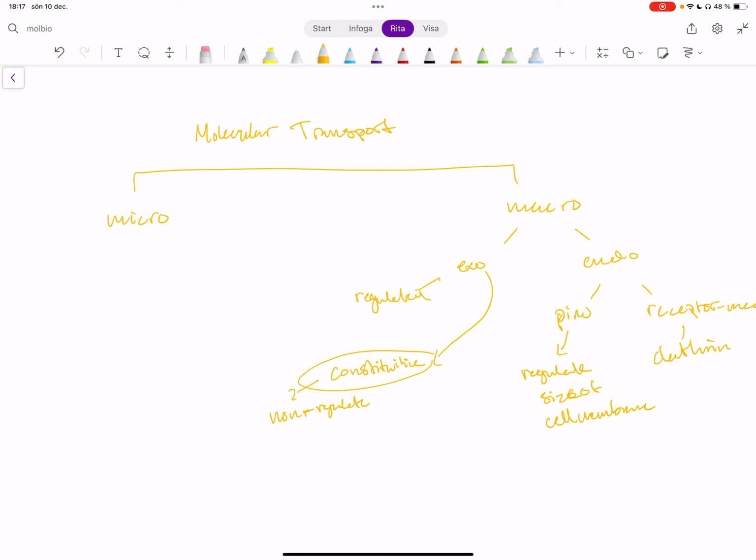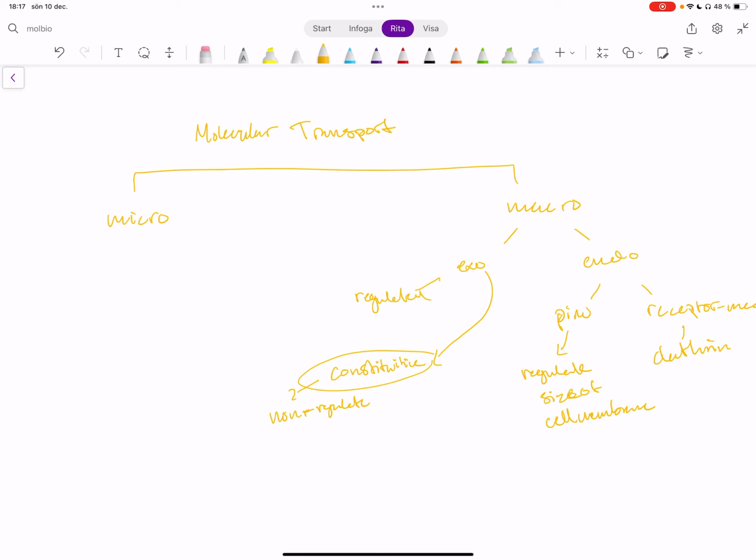But regulated exocytosis happens when there's a specific signal that comes to the cell, and this in some way triggers exocytosis. So for example, insulin.